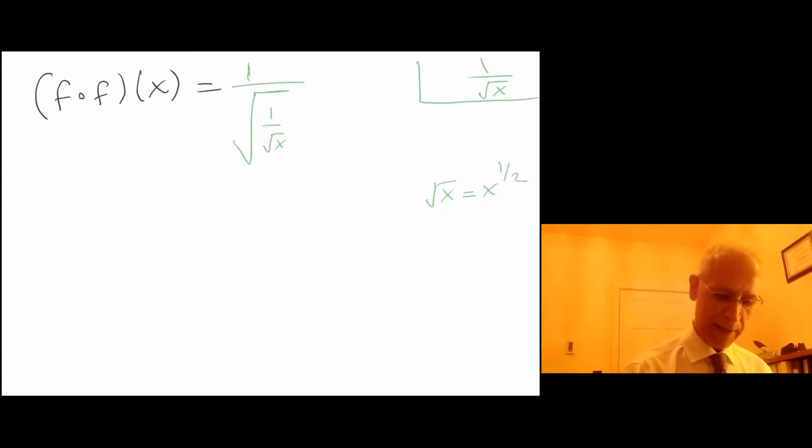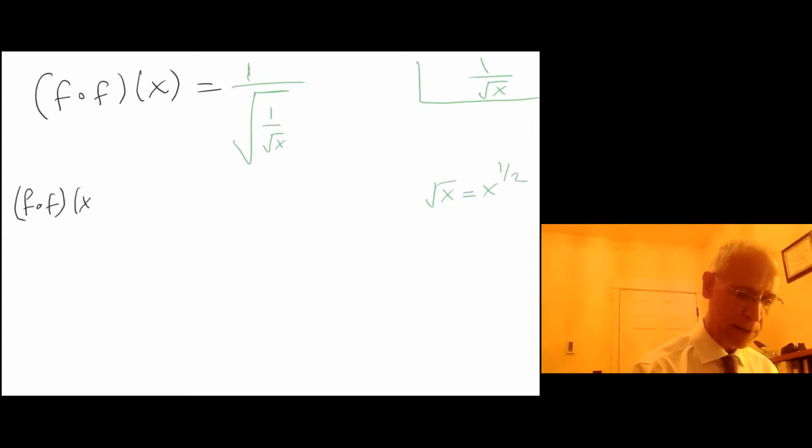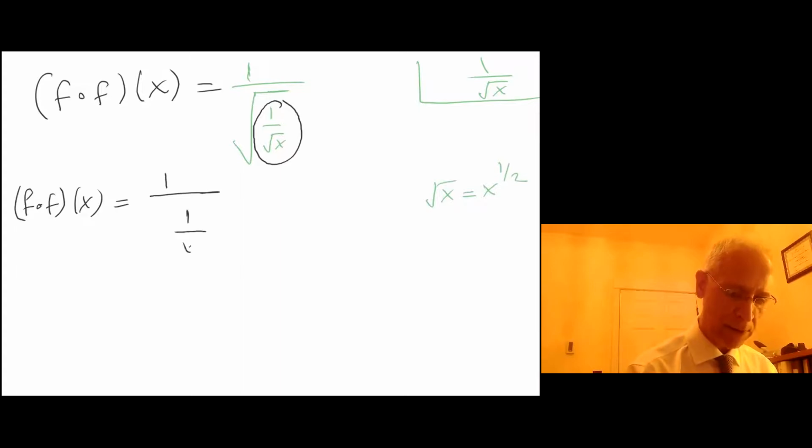So f of x equals 1 over, here I have 1 over x to the 1/2, and then because of this square root, this is to the power of 1/2.